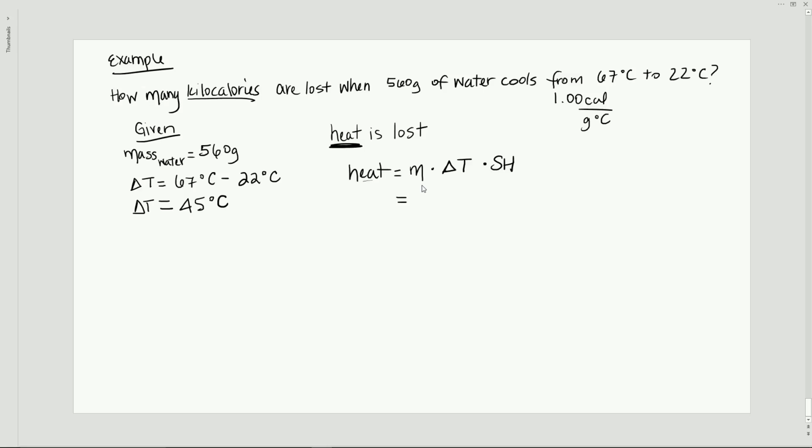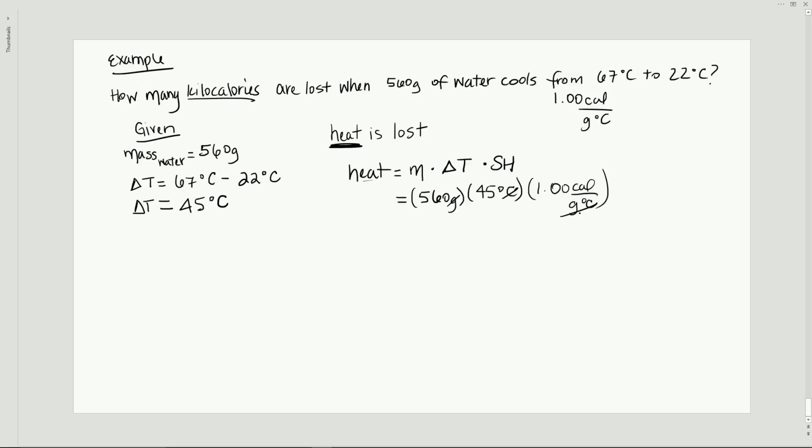So our mass of water is 560 grams. Okay, we plug that in. Our delta T is 45 degrees C. And our specific heat of water is 1.00 calories per gram degree C. Okay, so again, our units work out because we can cancel the grams and the degree C, so we're left with calories.